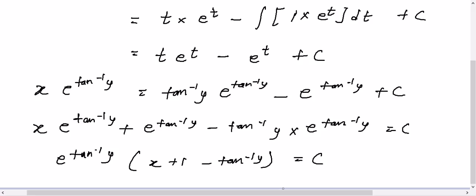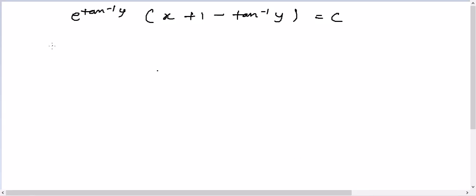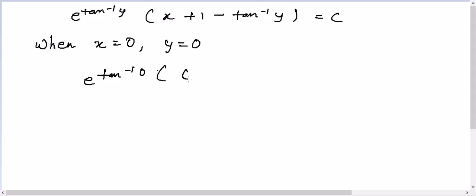So guys, this is a solution, but this is a general solution. We need a particular solution, right? So to find the particular solution, we need to find it when x is equal to 0 and y is also equal to 0. So now let's substitute the value of x and y as 0. So it will be e to the tan inverse 0 into x, which is 0, plus 1 minus tan inverse 0, right?